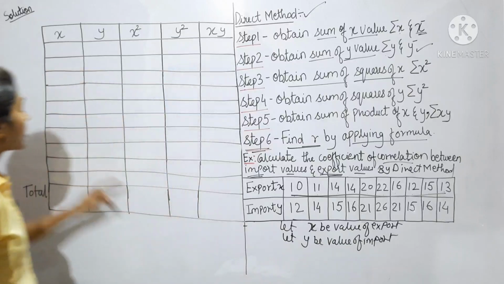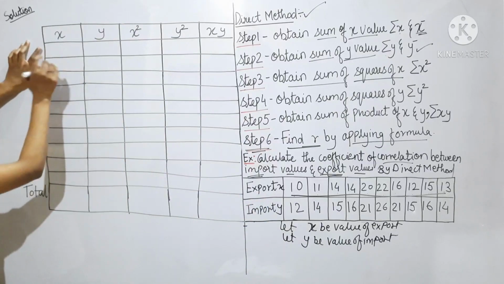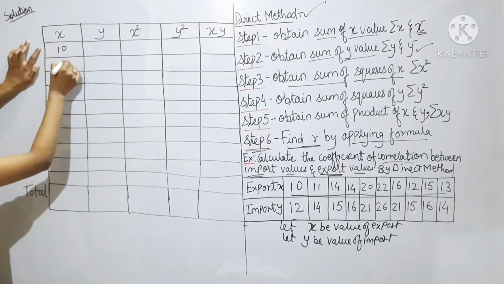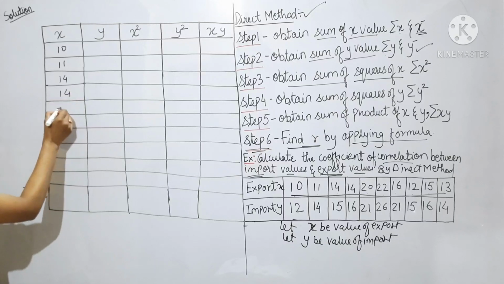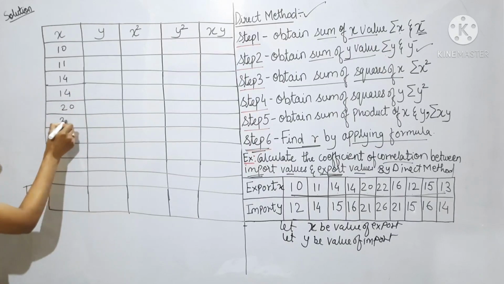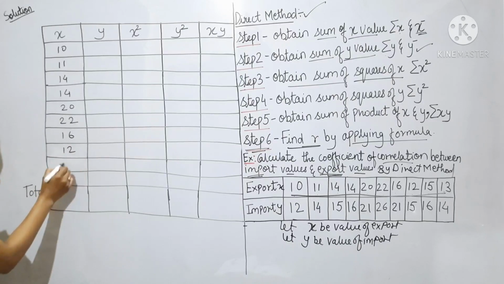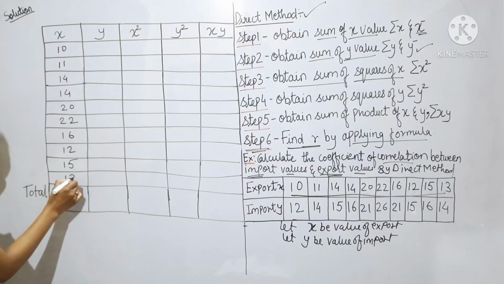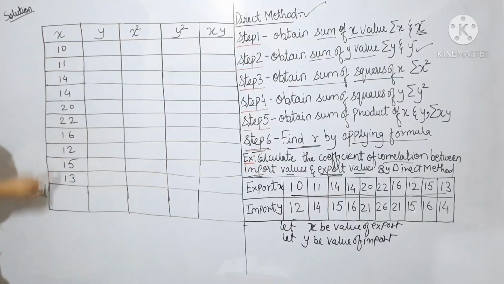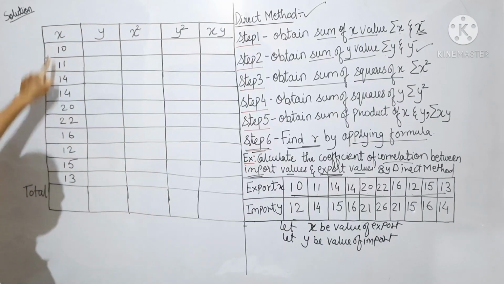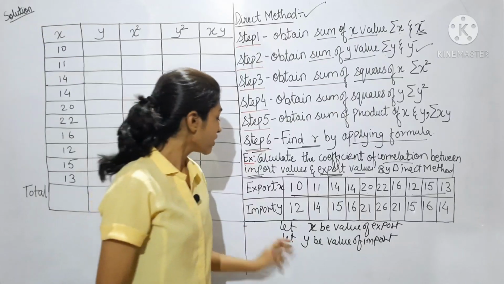So write down all the values of export under the heading x: 10, 11, 14, 14, 20, 22, 16, 12, 15, 13.